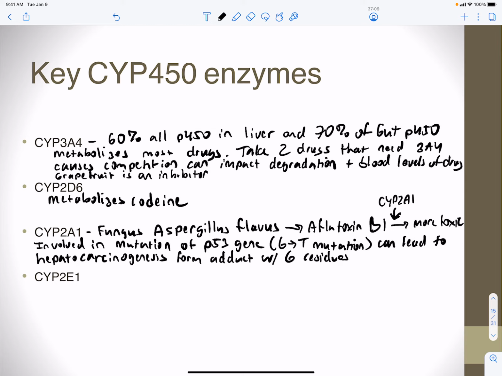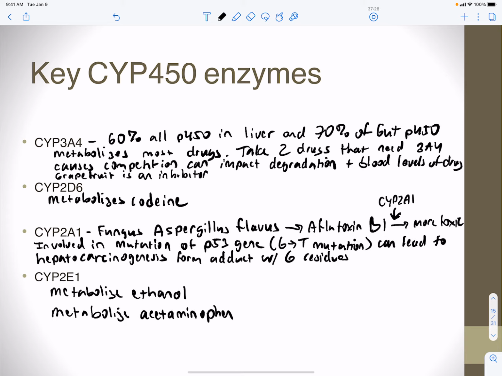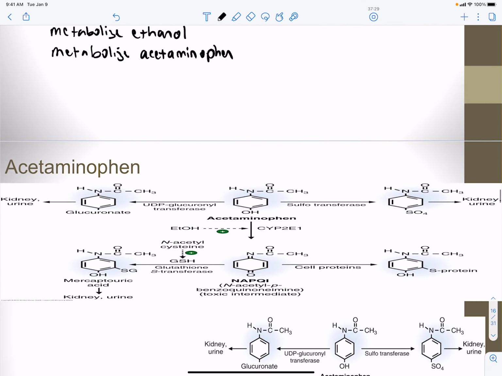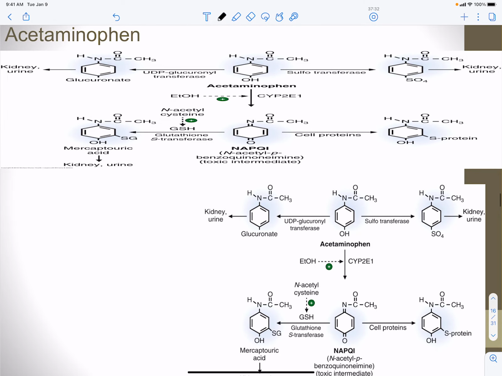And then CYP2E1 is going to metabolize ethanol, as well as other alcohols, and is going to metabolize acetaminophen. Now, acetaminophen is Tylenol, basically.